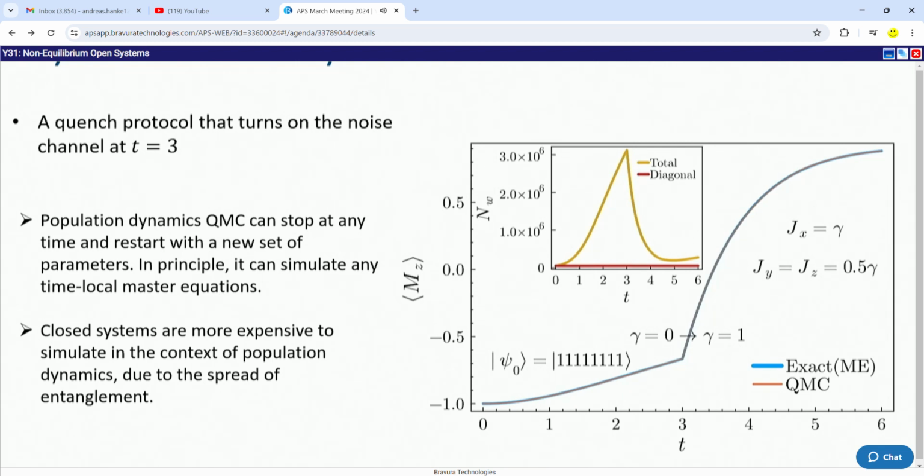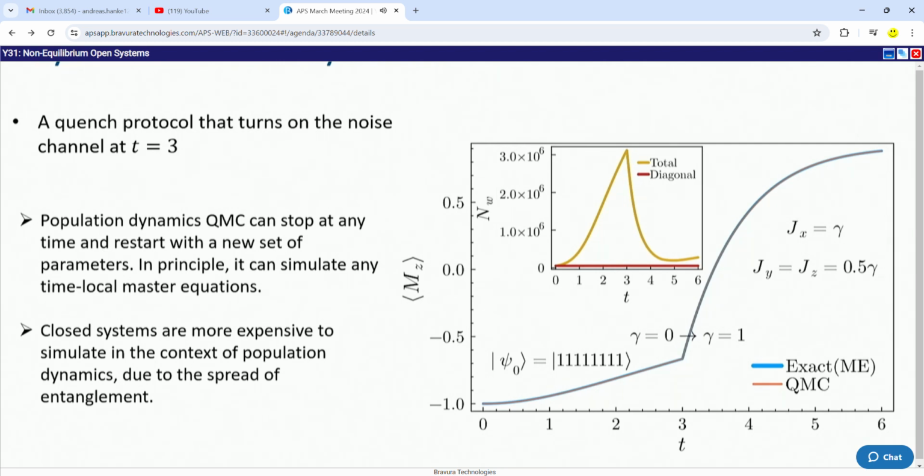In the first half of the simulation, we do a closed system dynamics: we initialize a system in a pure state and let it evolve, which is a unitary evolution. And then at t equals 3, we suddenly turn on the noise channel to let it go through the dissipation process.